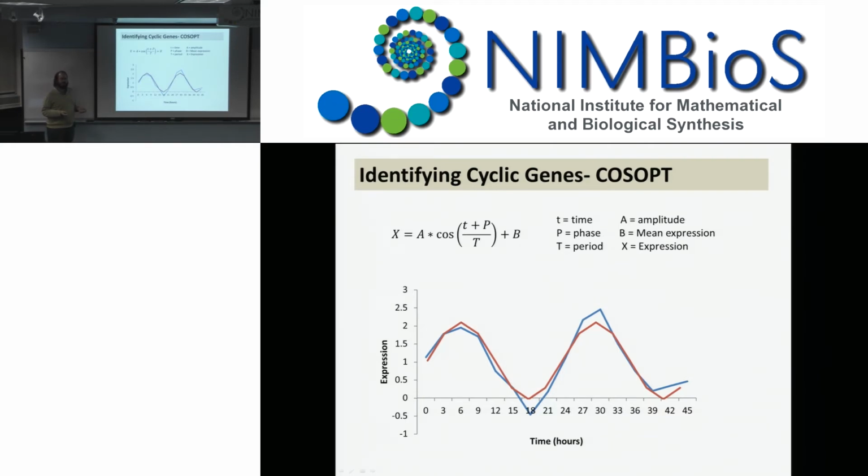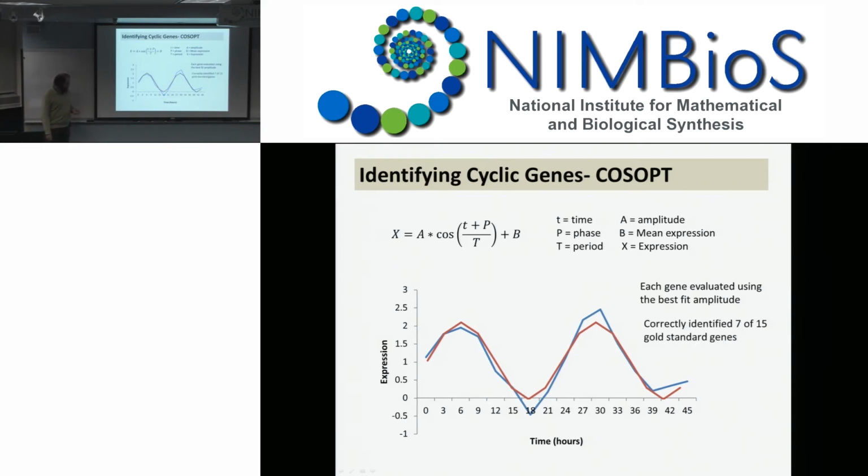It does a grid search for all of those combinations and optimizes the amplitude and mean for every node on that grid using least squares. You find the best fitting model, you compare the amplitude of that best fit to just taking all the expression data you give it, shuffling it up, seeing what that produces.